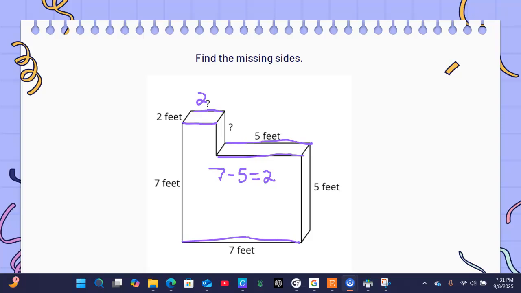All right, now that we have our length, now I'm going to highlight my width. I am going to make my width this time. I'm going to make it green. All right, so we have 2 right there. And if that's 2 on that left side, on the right side would of course be 2.